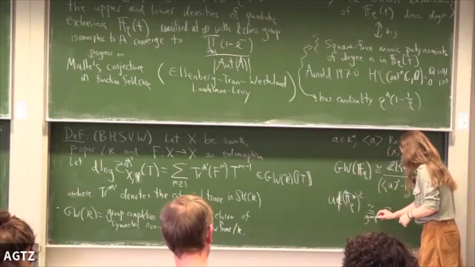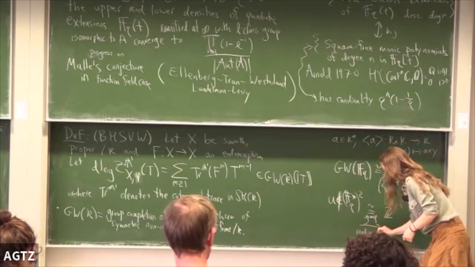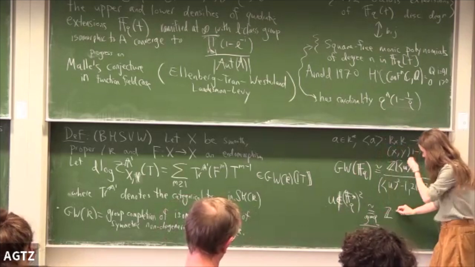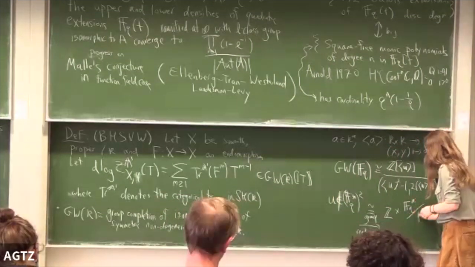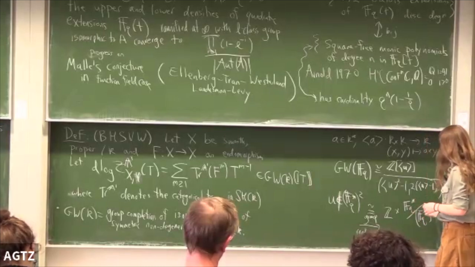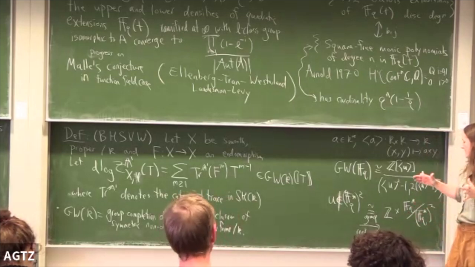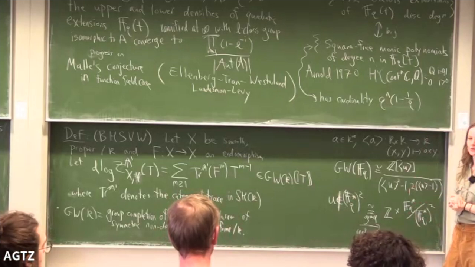So as a group, this is isomorphic by the rank and the discriminant with Z cross F_q^* over F_q^* squared, where the discriminant is the determinant of the matrix corresponding to the bilinear form, and that extends to the group completion.